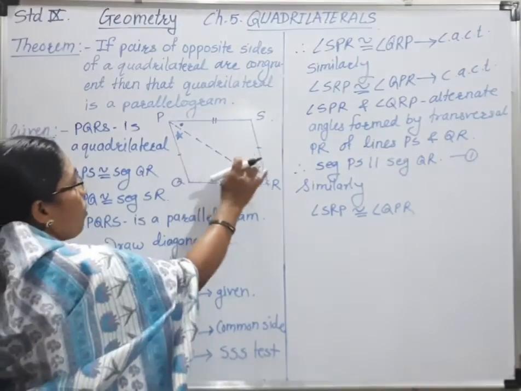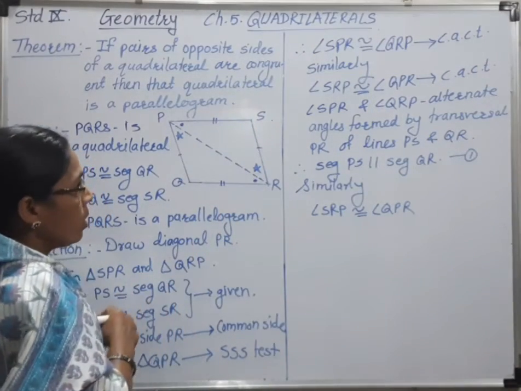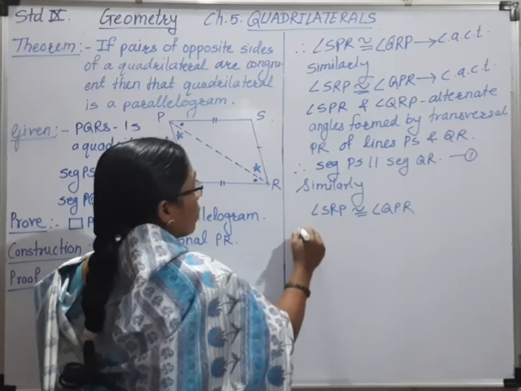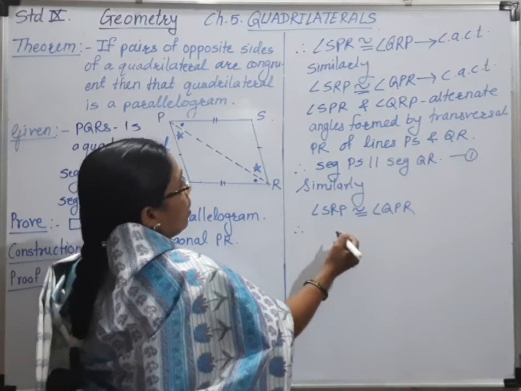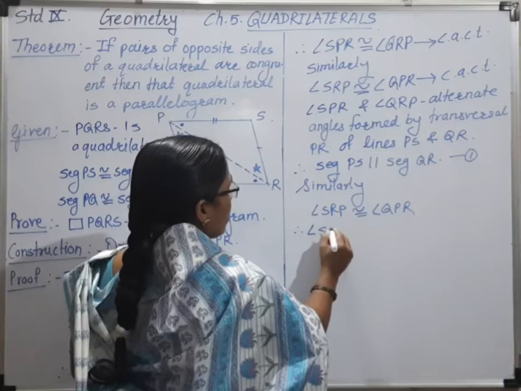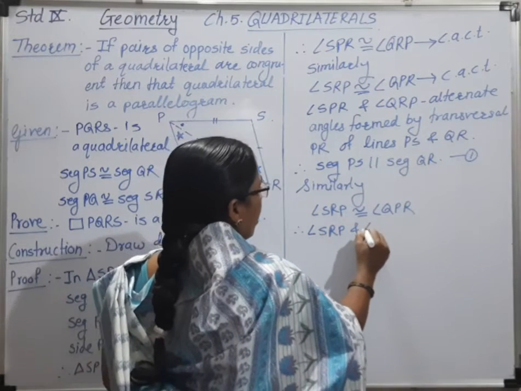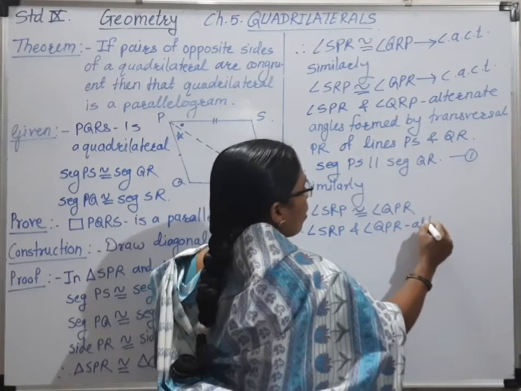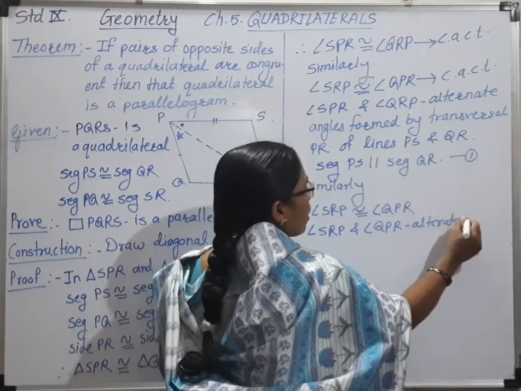This is a pair of angles. QRP is given, I have written it upstairs. These are also angle SRP and angle QPR. These are also a pair of alternate angles.